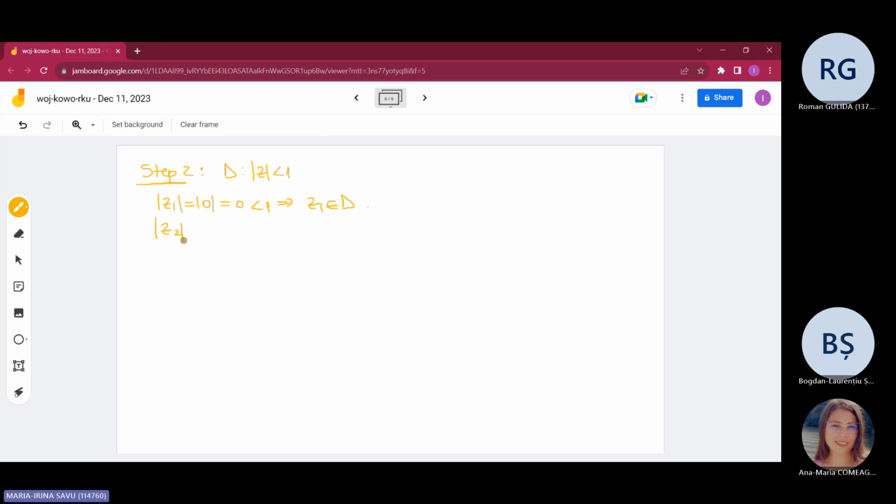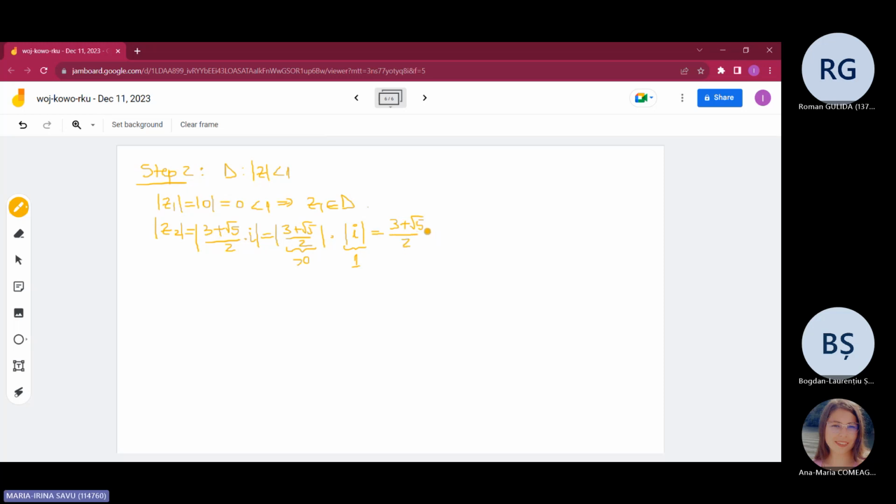Module of z2 is module of 3 plus square root of 5 over 2 times i. This is a real number, which is also positive.